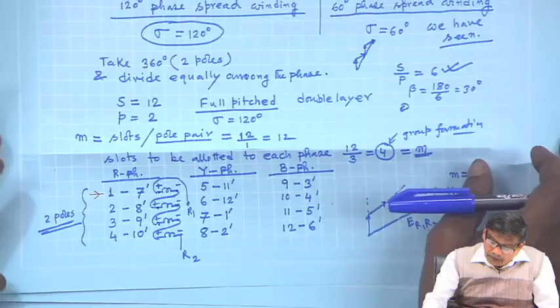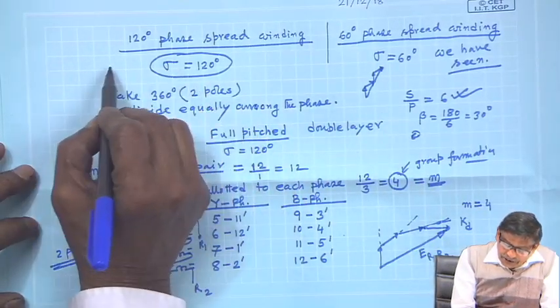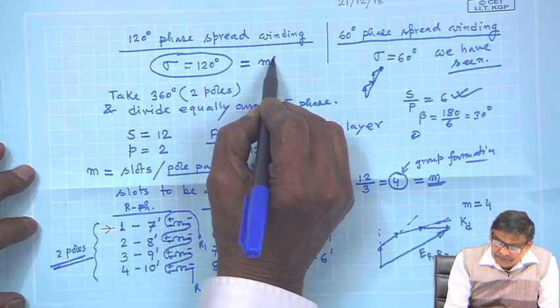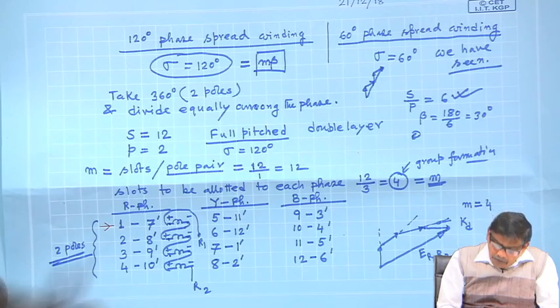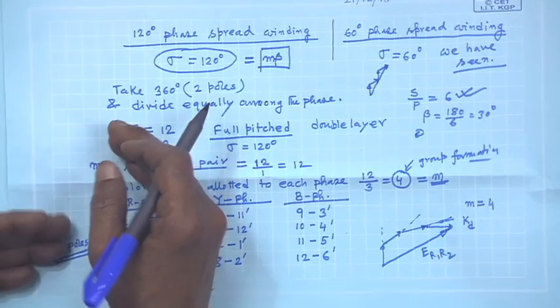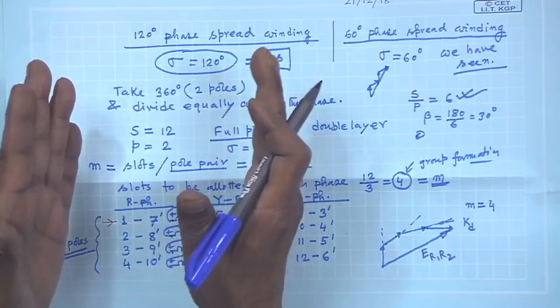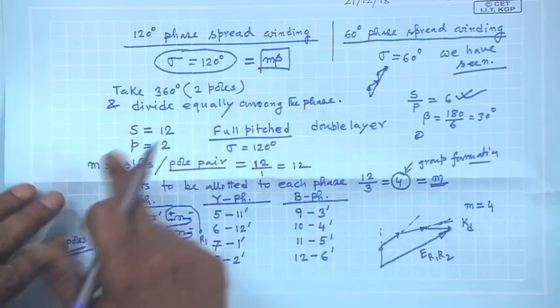In other words, what I am telling is this sigma, if you look at it, is nothing but m into beta. How many coils you have distributed in a group, that number into beta is the number of angles occupied by a particular phase.